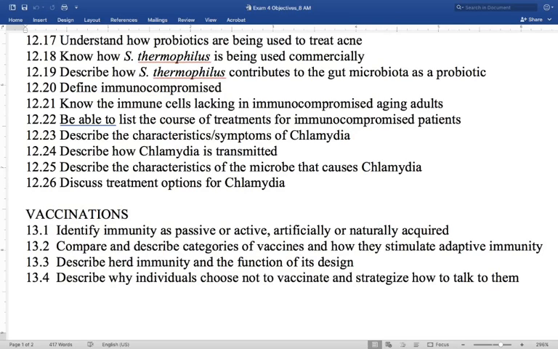And then the last two become our conversation on Friday. Describe herd immunity and its function, and the function of its design. That is the basis for the mini lecture. And then what we will spend our time in class talking about is, why do folks choose not to vaccinate? And I'm not going to ask anybody in here to disclose whether you support or refute it. This is more just a hypothetical. For somebody that chooses not to, or chooses for their children not to, why not?